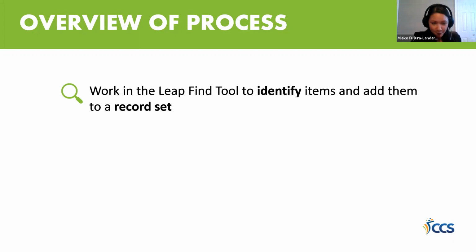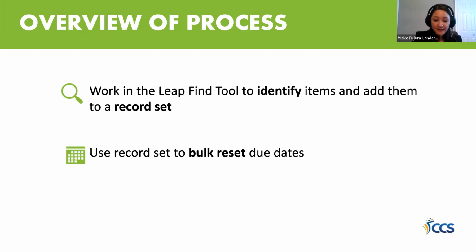Within the Find tool, we'll also add our items to a record set. The second stage, you'll use that record set to reset the due dates in bulk. It's a very simple action in the record set. We're going to walk through this entire process together in detail during the demo.